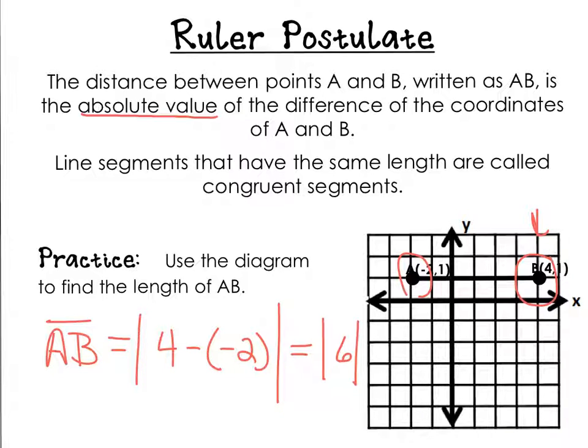Whenever we take the absolute value of anything, we're just taking the positive value. In this case, it's already positive. So the measure of AB is simply 6 units, whatever those units happen to be.